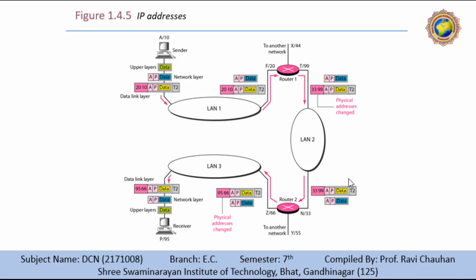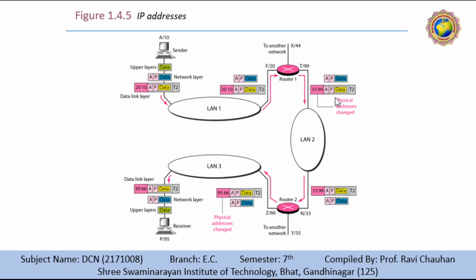The source physical address changes to 99. Fine. The destination physical address changes from 10 to 33. Very good. The 20 to 33 means router 1's physical address is 20 and router 2's physical address is 33. The logical source and destination addresses must remain the same.